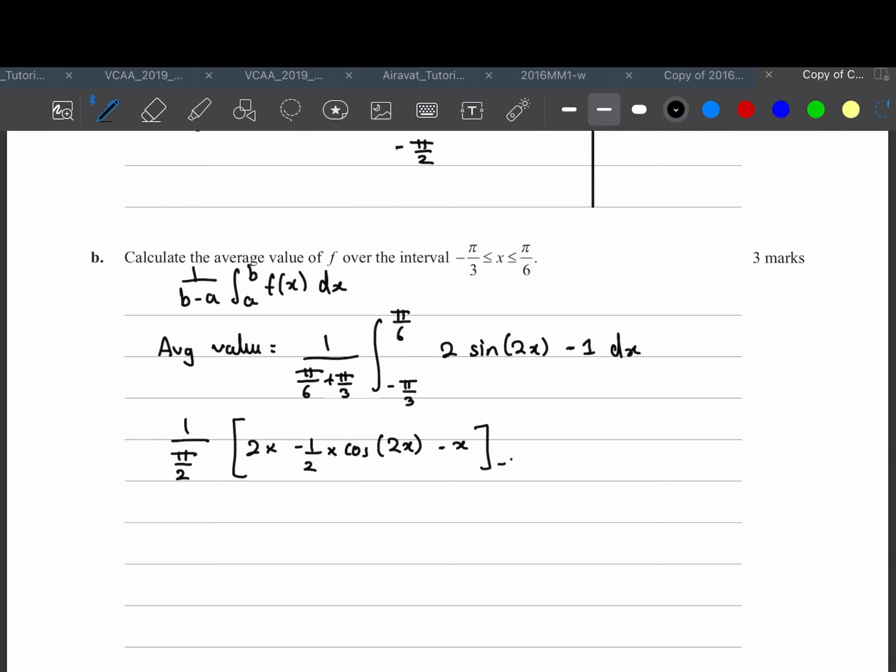But yeah, alright, so from negative pi on 3 to pi on 6, that would give us 2 on pi, negative cosine of 2x, minus x.